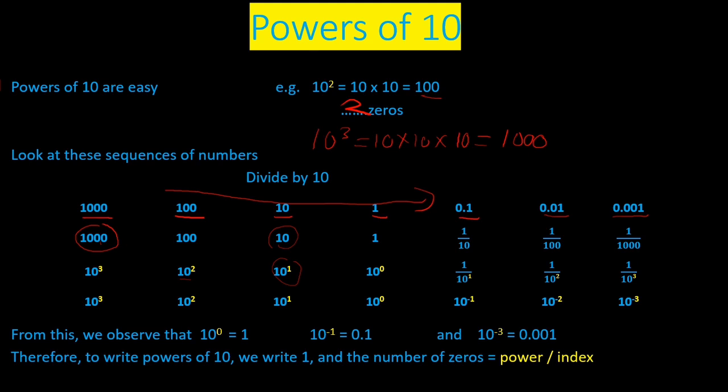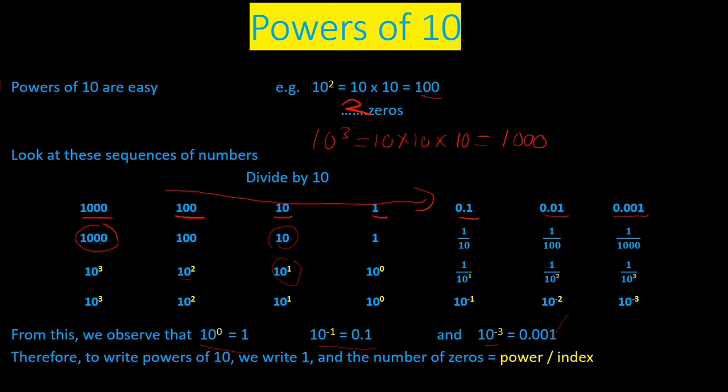Obviously, if we are continuing to just divide by 10, then it must also mean that the next power will be minus 1, minus 2, minus 3, and so forth. So you can observe here that 10 to the power 0 is equal to 1, 10 to the power minus 1 is equal to 0.1, and 10 to the power minus 3 is equal to 0.001.